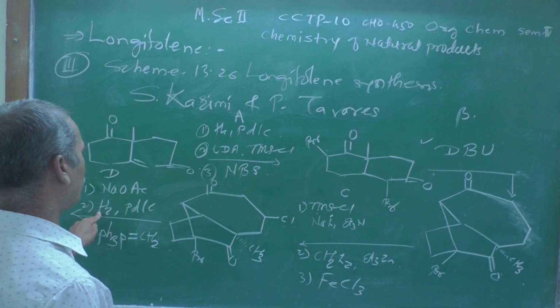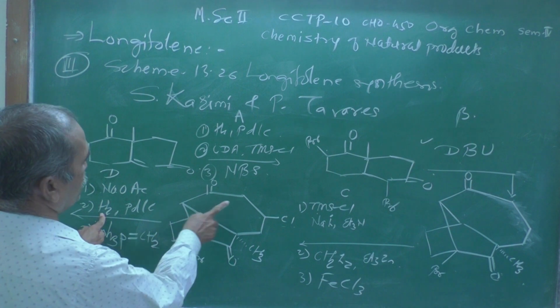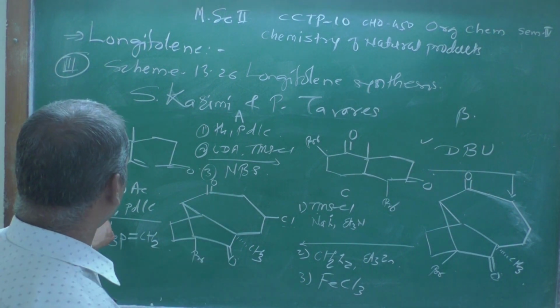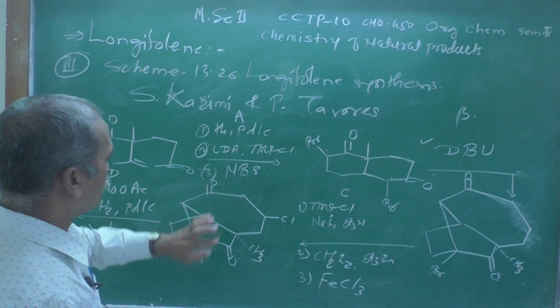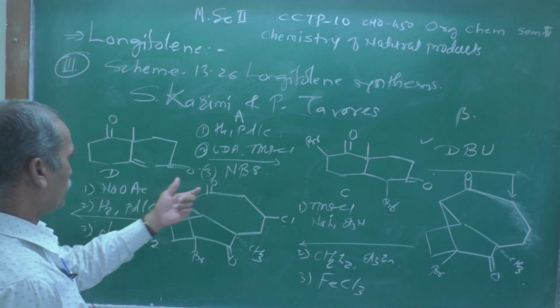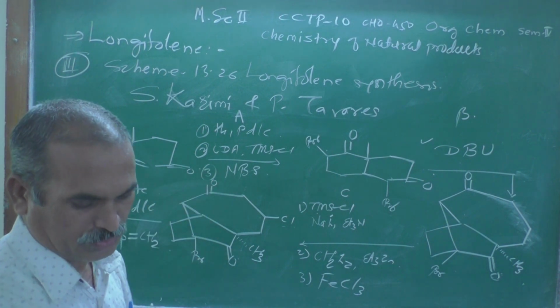After formation of the double bond, this is used to remove the alpha beta unsaturated compound, and then the Wittig reagent is used so that this carbonyl group is suitably converted into a CH2.